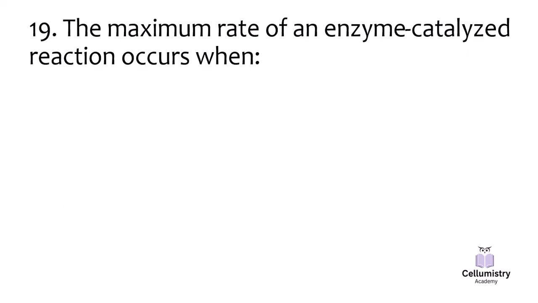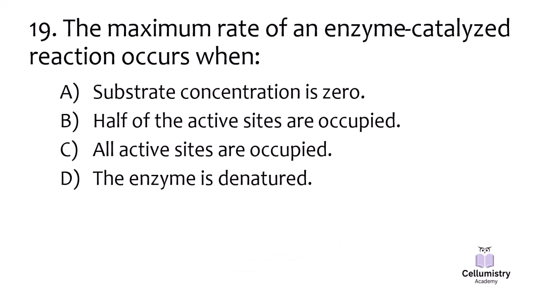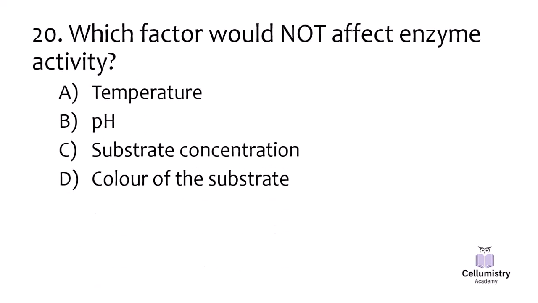The maximum rate of an enzyme catalyzed reaction occurs when... Answer is C. All active sites are occupied. Which factor would not affect enzyme activity? Answer is D, the color of the substrate.